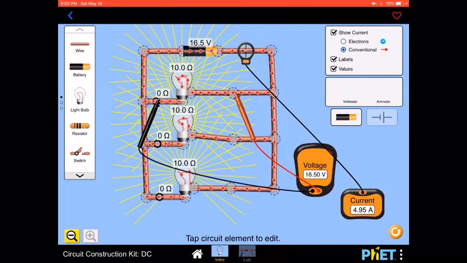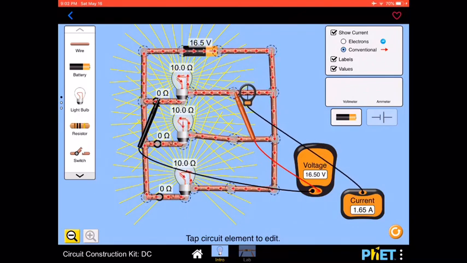By changing the voltage of the battery, I have increased the current in the circuit, and then the current in the branches increased, but because we've got equal resistances, they had equal amps passing through them, which is 1.65.